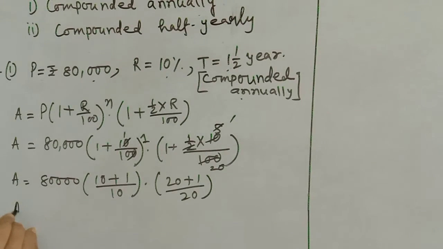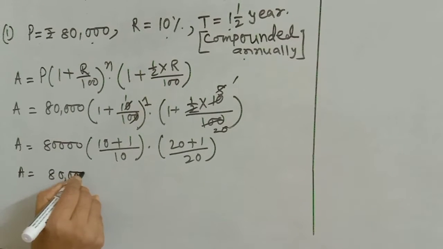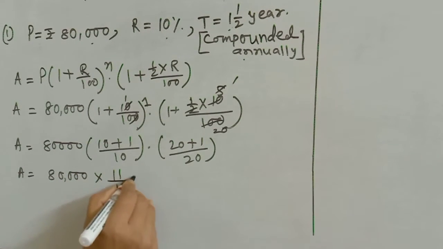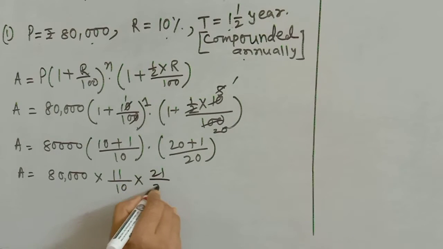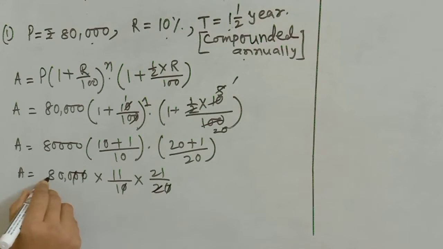So the amount is 80,000 into 11 by 10 into 21 by 20. If you want to cancel, you can cancel the zeros to get 400.